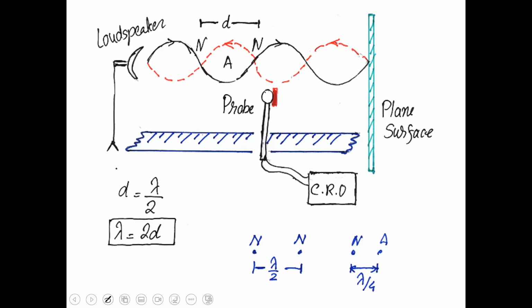Now, the loudspeaker runs by a signal generator. The signal generator is like a frequency controller, and it produces signals of high frequency.